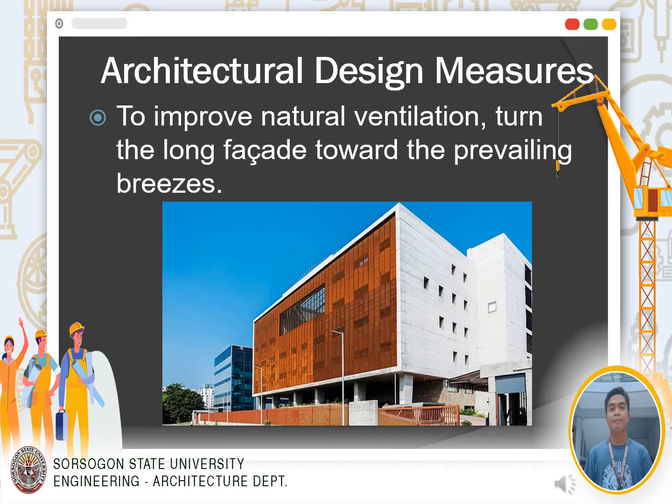Turning long facades towards the direction of the prevailing breeze enhances the cooling effect of natural ventilation. Orient the most populated building spaces towards north and south exposure to maximize daylight and natural ventilation benefits. To minimize heat losses and gains through the surface of a building, a compact shape is desirable.